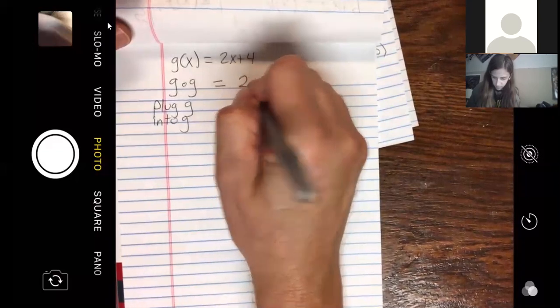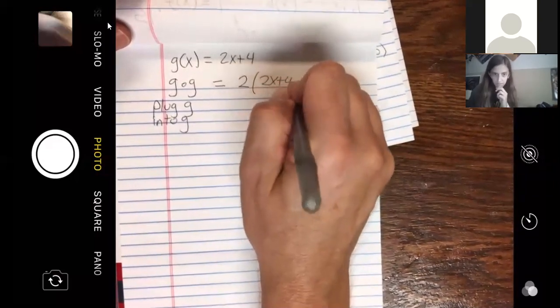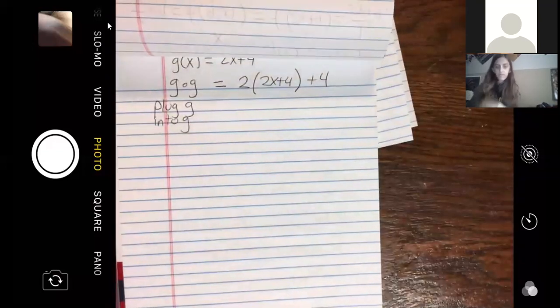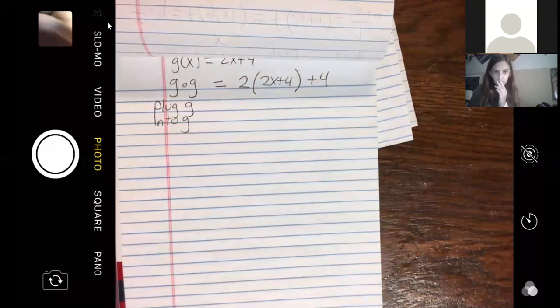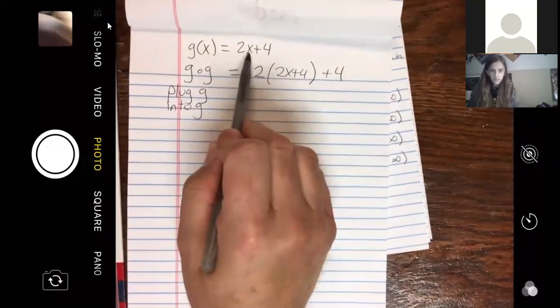And you see you get 2 times your G, which is 2x plus 4, plus 4. So you're plugging G back into G where that X is.